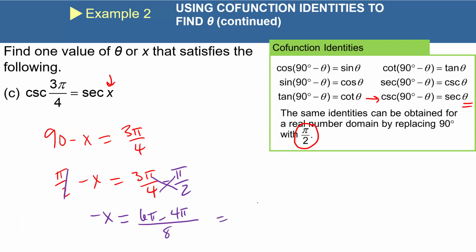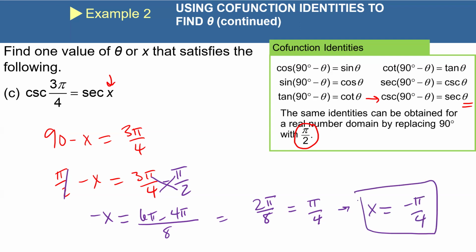So that gives us 2 pi over 8, which equals pi over 4. Does that make sense? Okay, it's a negative x. So x equals negative pi over 4. So that's what the x would have to be.